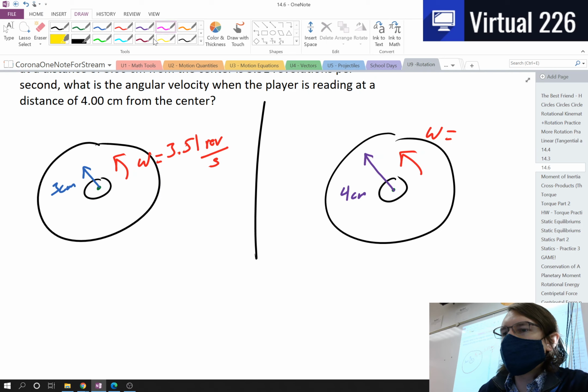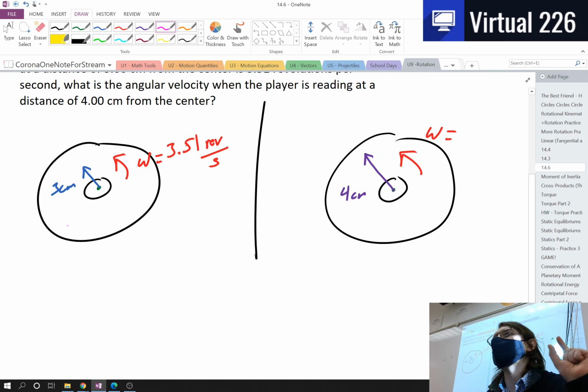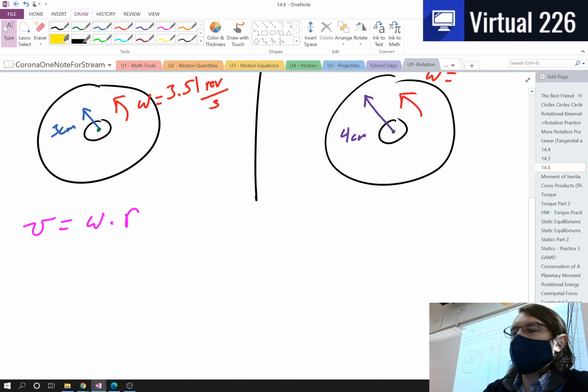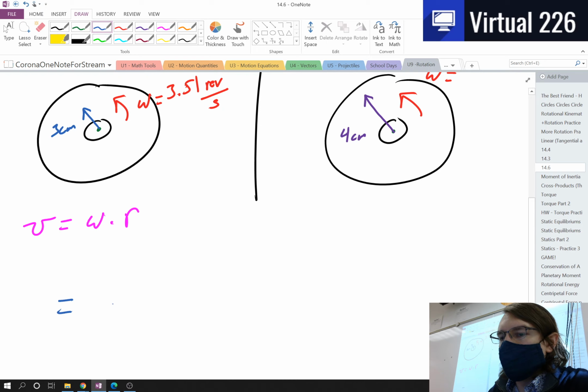The first thing we can do is just figure out what is the linear speed that this disc is spinning at. What is the linear speed the disc wants to be reading? And the way we do that is say V equals omega times R. Now, there are some caveats to this omega times R, because our R value here, which we have as 3 centimeters, is going to be written as 0.03 meters.